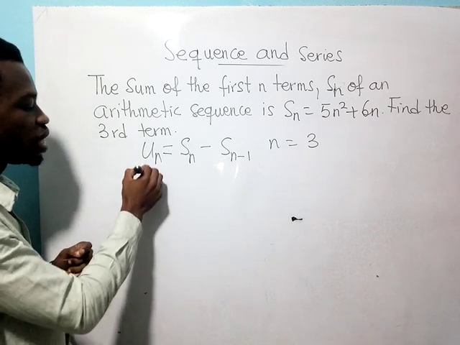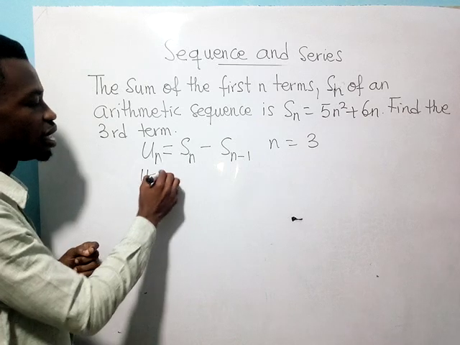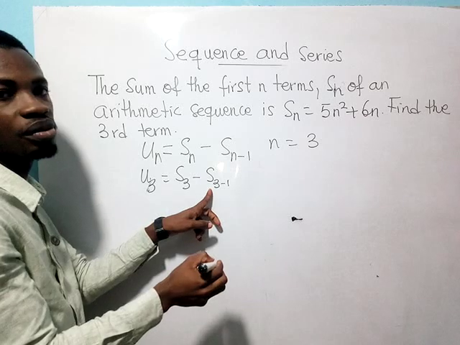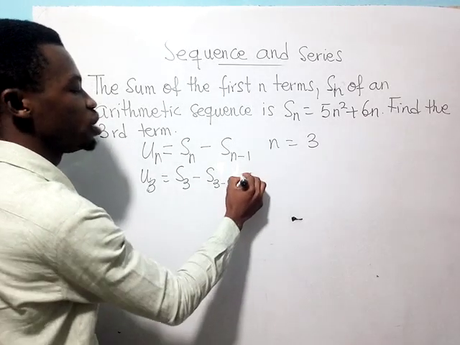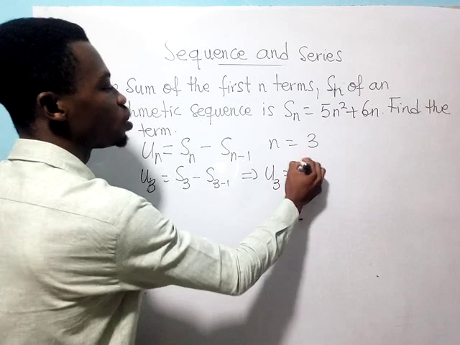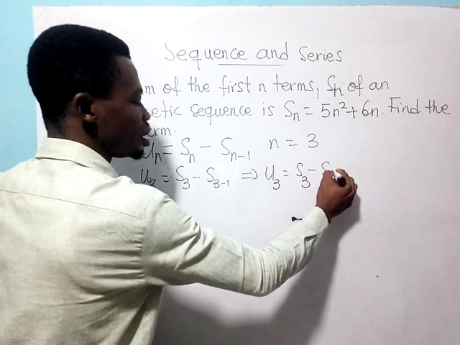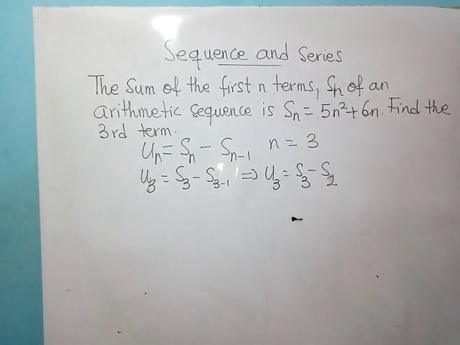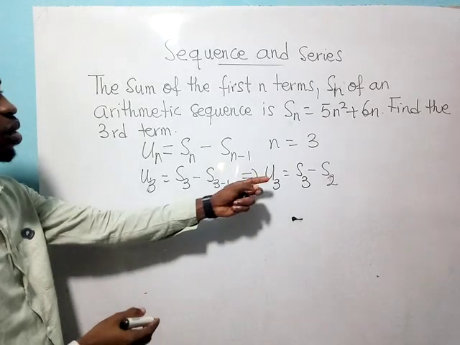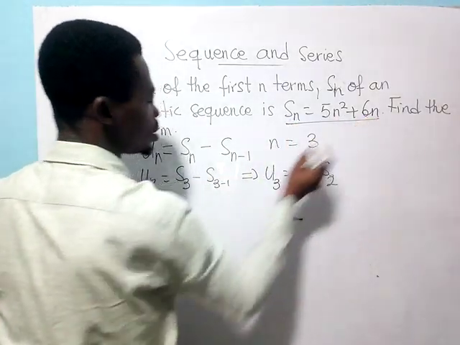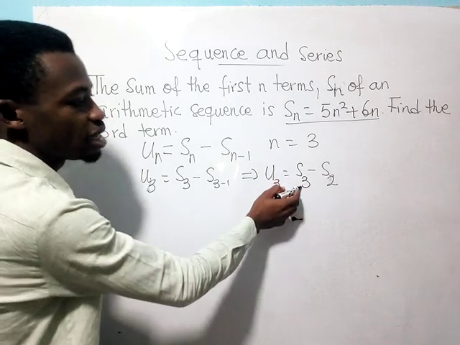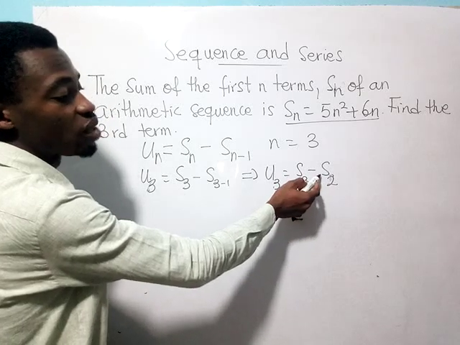So here, we'll write it as u3 equals S3 minus S2. Now we can work with this to obtain our third term, since we need to find S3, then S2, and later we subtract.